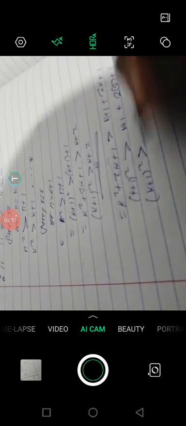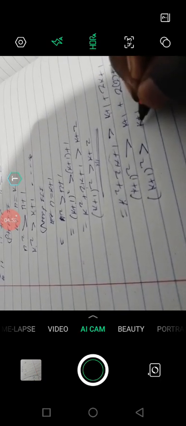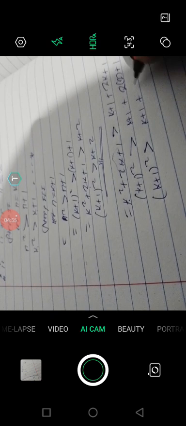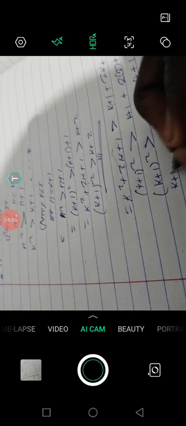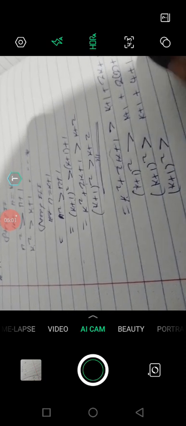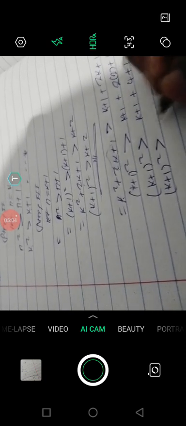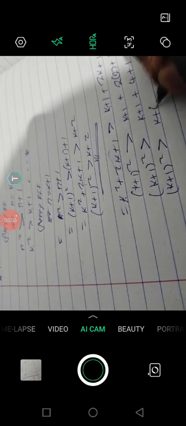Then k plus 1 squared is greater than k plus 1 plus, this time, 4 plus 1. If you add everything here, it is k plus 6.